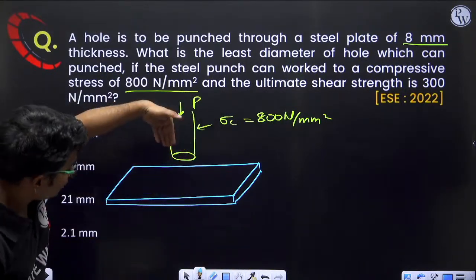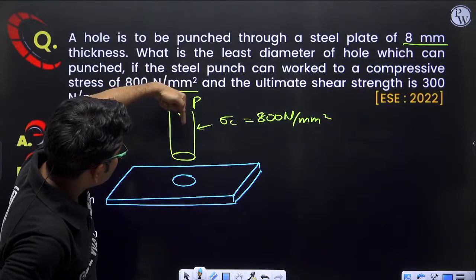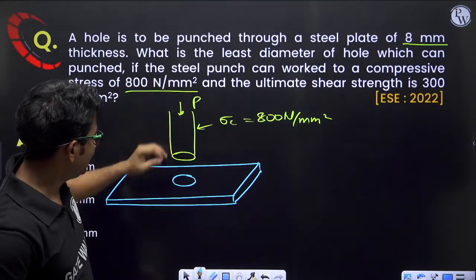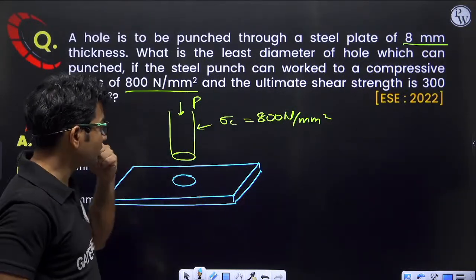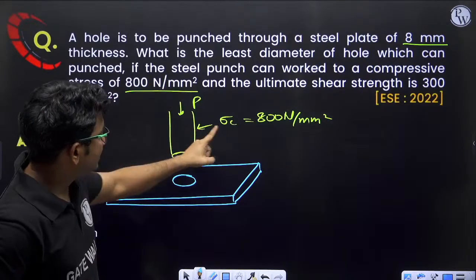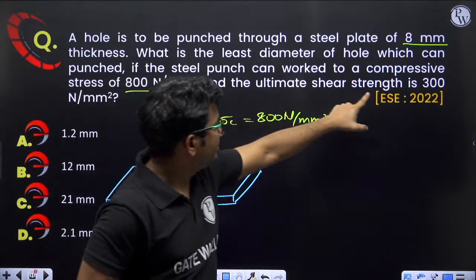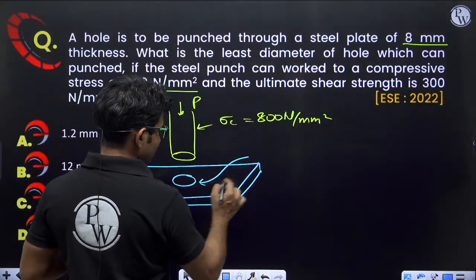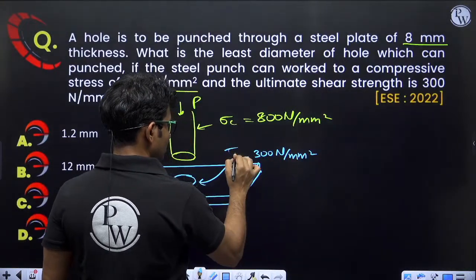When I punch the hole, this punch will come under compressive load, and here the plate will be subjected to shear stress. So the maximum compressive stress in this punch is 800 Newton per mm square, and the ultimate shear strength is 300 Newton per mm square, tau max.